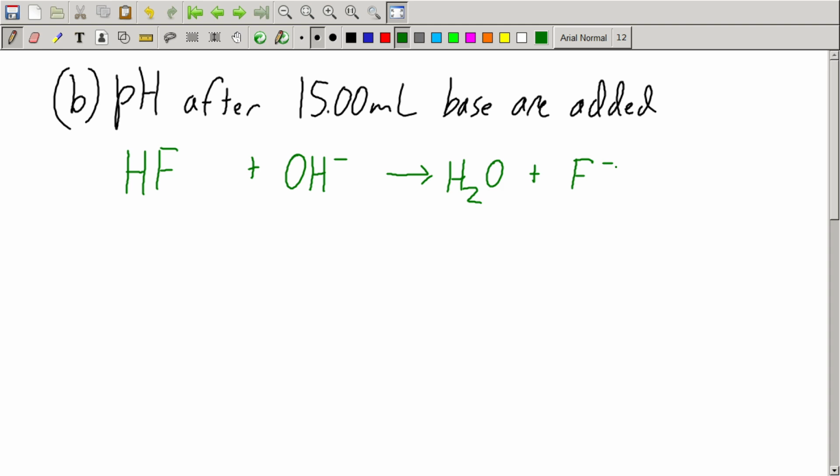Okay, now remember what we said before. This is 15 milliliters of 0.101 molar. And so that equals how many millimoles? We actually figured it out once before.